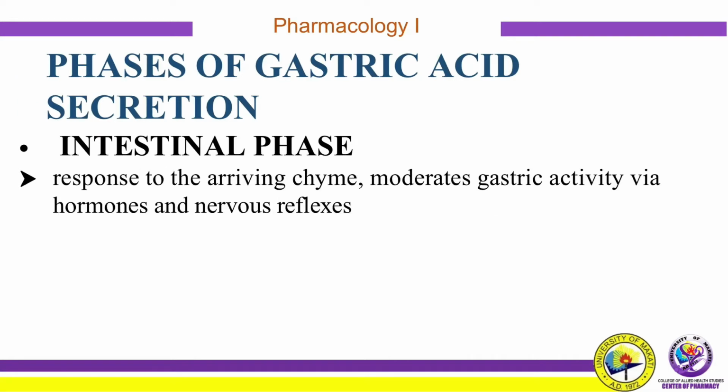The intestinal phase occurs in the duodenum as a response to the arriving chyme, and it moderates gastric activity via hormones and nervous reflex. The duodenum initially enhances gastric secretion but soon inhibits it.